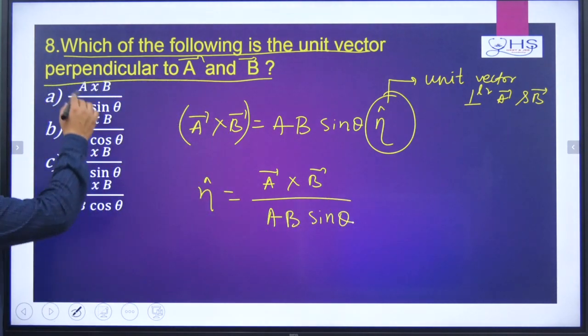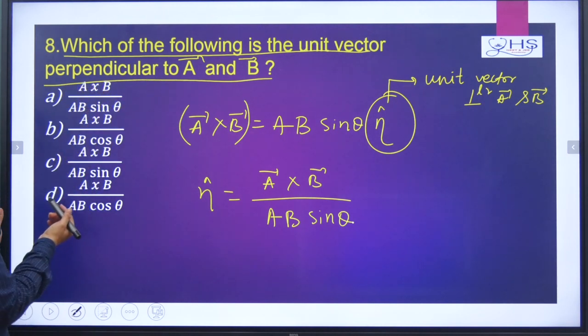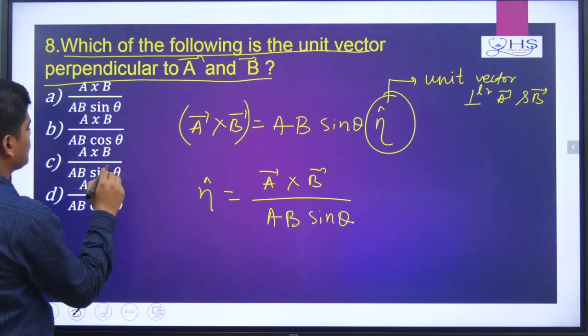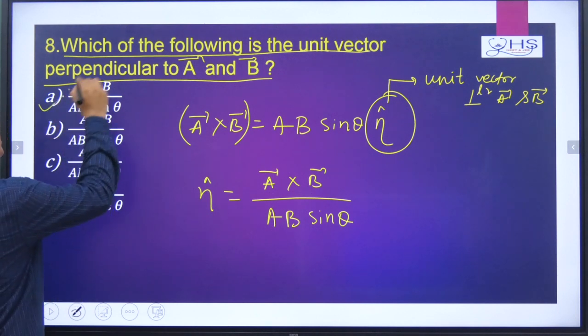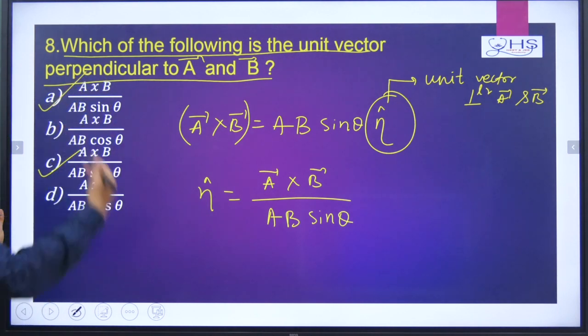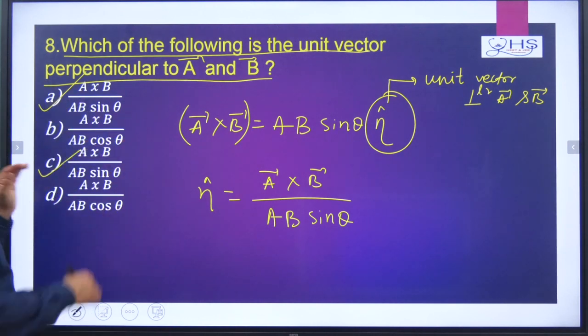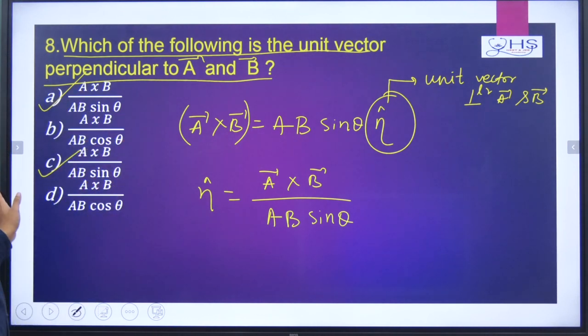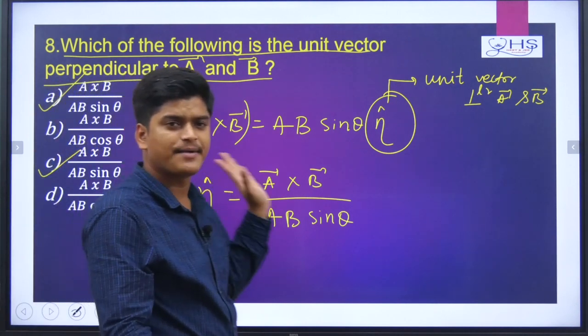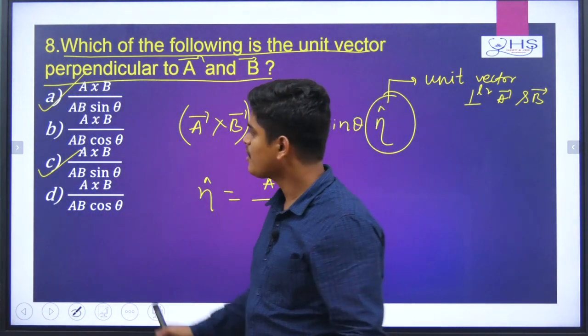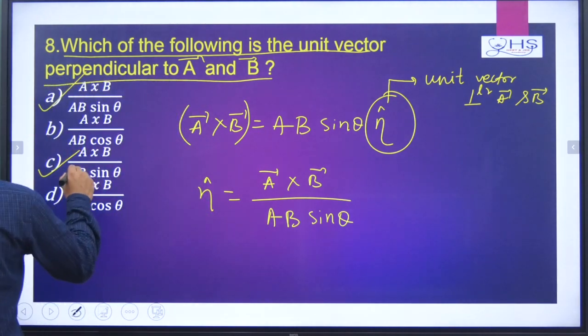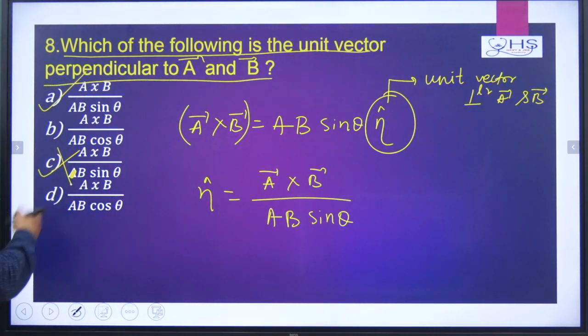Now here is option C: A cross B divided by AB sin theta is there, and option A is also given, the same thing. So there is a mistake, both answers are given the same. It should be some B sin theta. If it is B sin theta, then it will not be okay, so it will be only A. Okay, come to the next question.